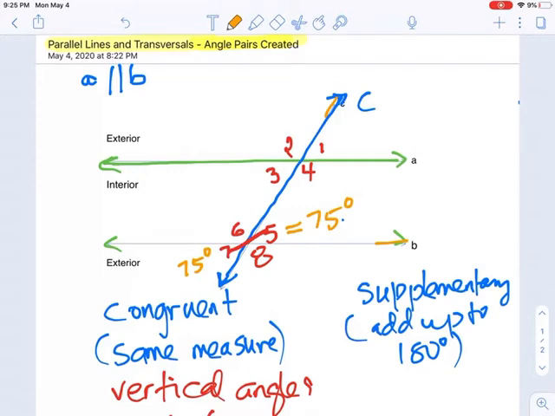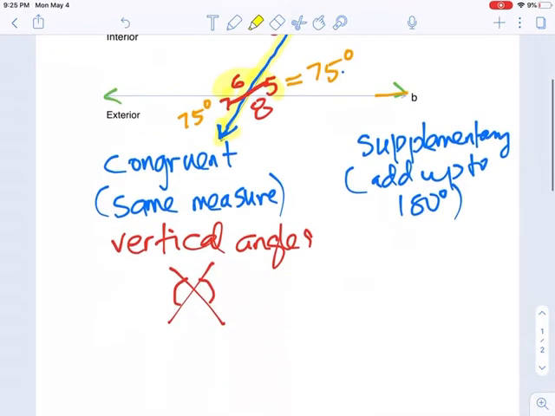All right, so we can find either 6 or 8 based off of another relationship that we know. We know that these two angles here, 6 and 7, form a linear pair because they share a line. They're adjacent to each other. When we have two angles that share a line, they will always equal 180.